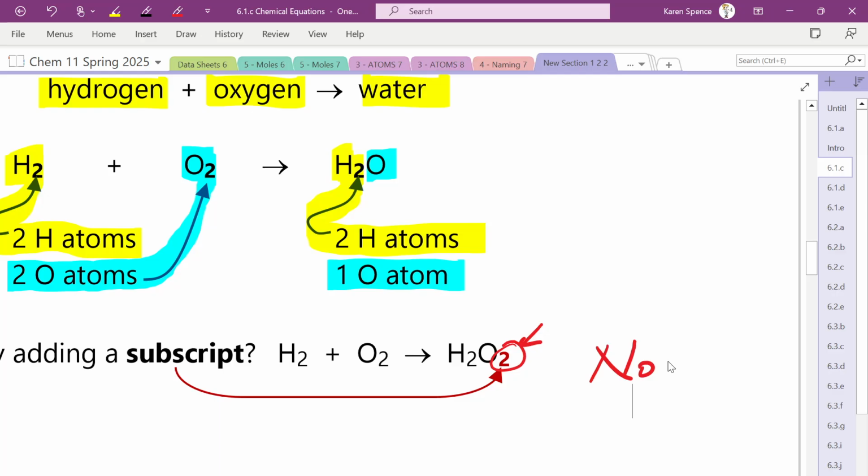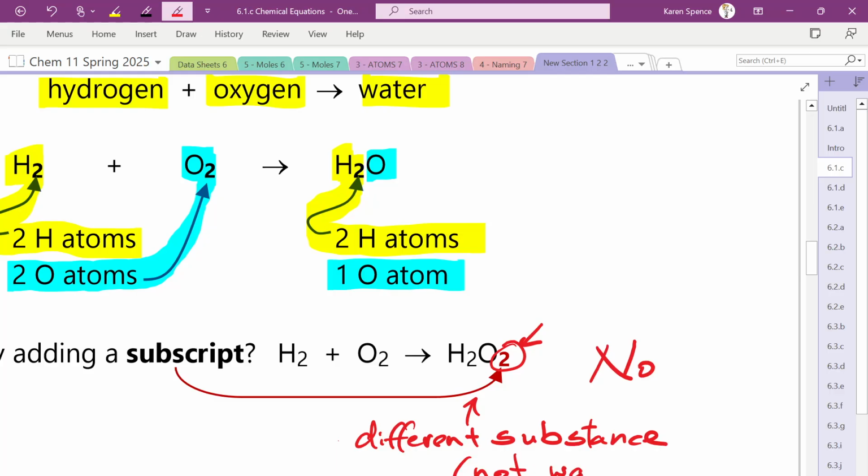Number one, the charges are unbalanced, but number two, it's a totally different substance. You cannot change the substance. That's not water. So you cannot change what you're actually producing.